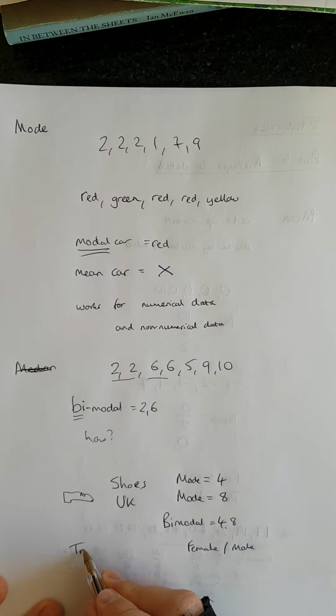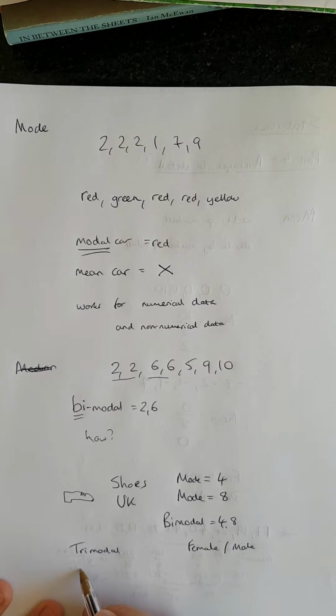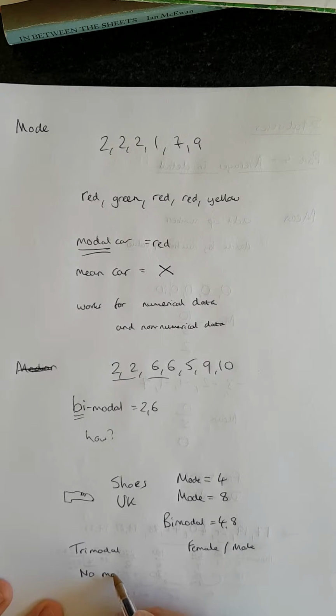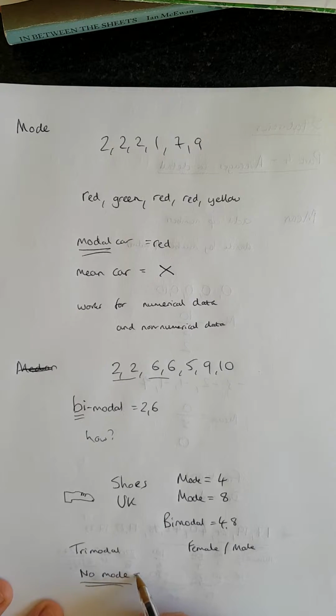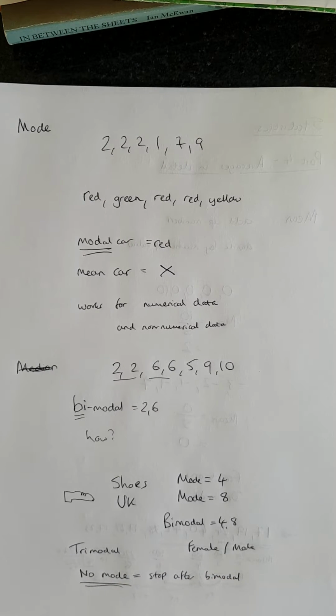Now, you can also have trimodal, but at the point when you get more than two modes, you tend to say there is no mode. Okay? So because having lots and lots of modes actually doesn't tell us anything.